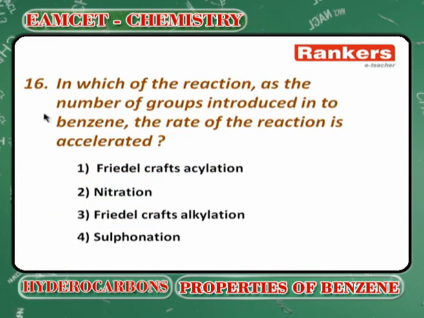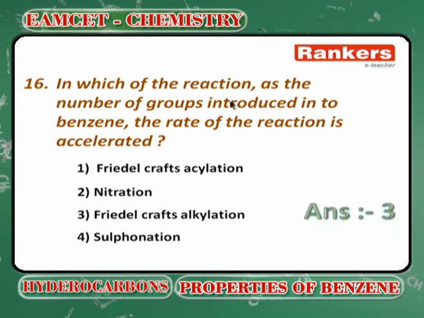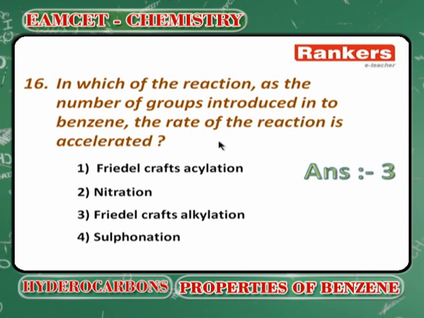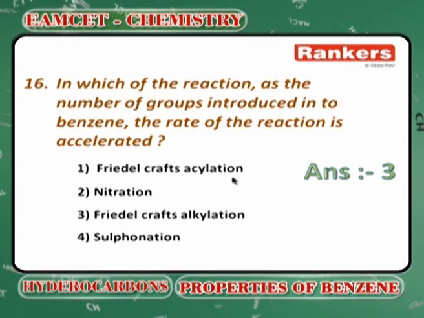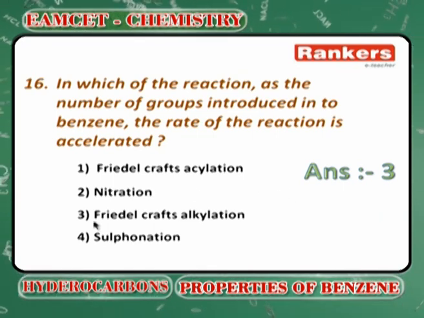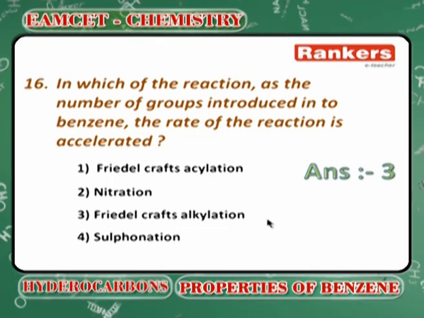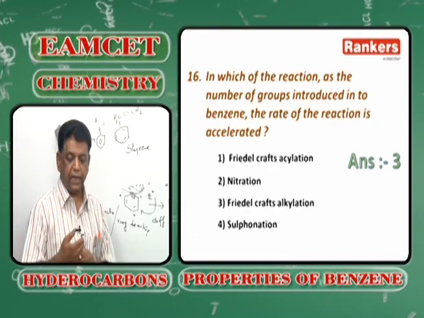Next. In which reaction, as the number of groups introduced into the benzene increases, the rate of the reaction is accelerated? That means ring activating groups. Friedel-Crafts acylation is a minus M group, no use. Nitration, minus M group, no use. Friedel-Crafts alkylation, it is a plus hyperconjugation. In the first alkylation, it will be the normal reaction, but the first alkyl introduced into the ring will help for the second alkyl.